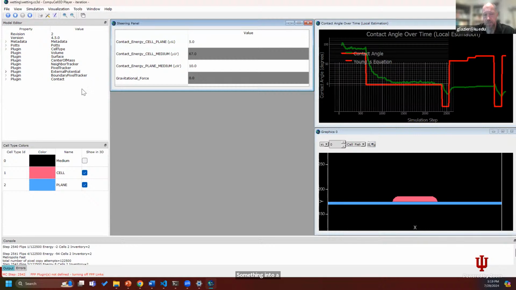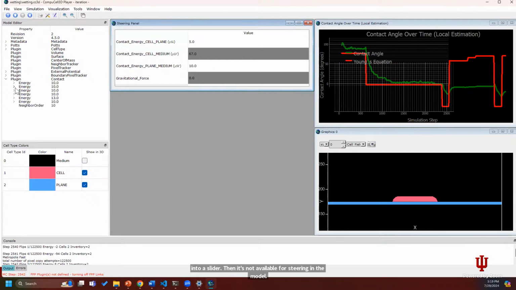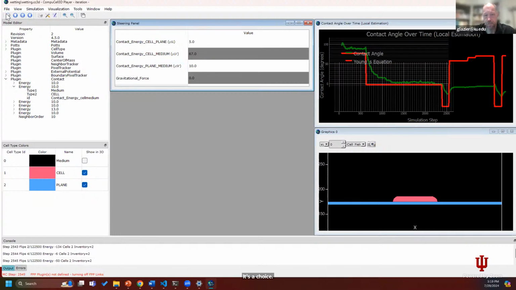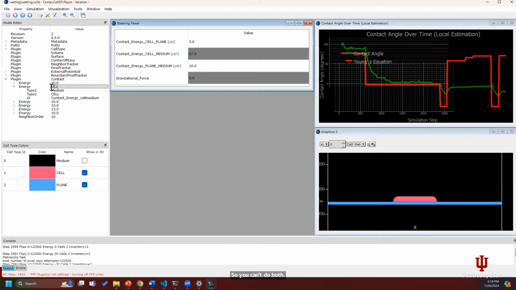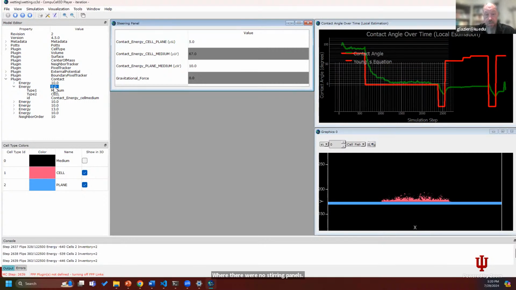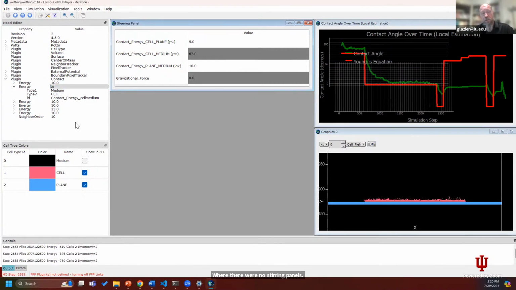It's a choice, so you can't do both. If you've got the sliders active, then you've overwritten the model editor.